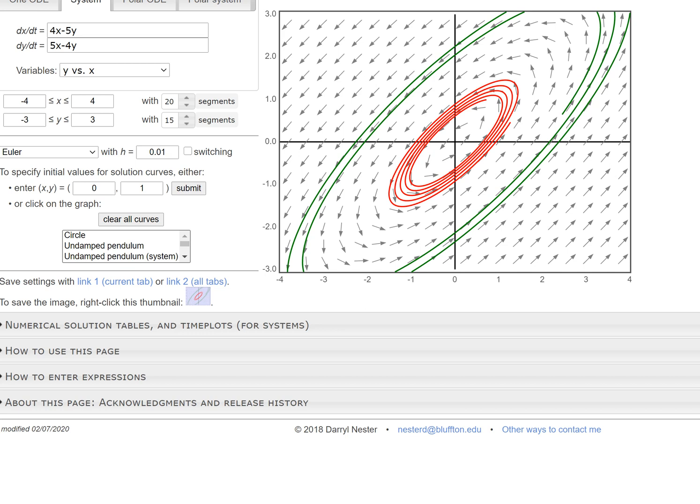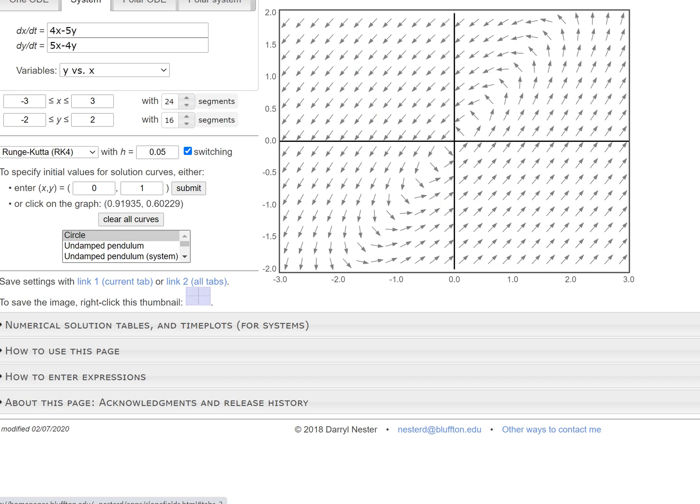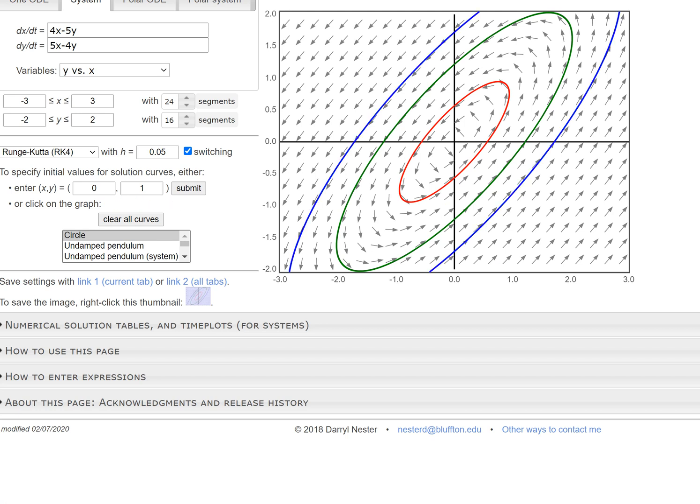And I'm wondering if I change this to, say, circular orbits is what we're expecting. Now, it did change our coordinate system. I'm going to want to play with this one a little bit more, because I want this to still show the elliptical pattern that we were working with a minute ago, because this changed our equation too. There we go. Now it's showing the circular pattern that we're expecting with our differential equation that we were given.